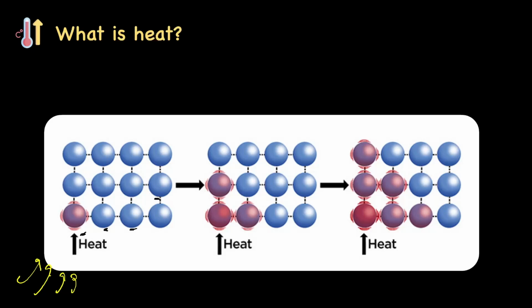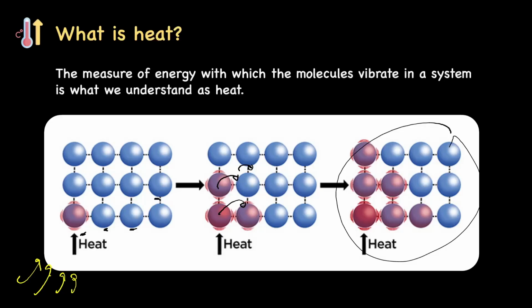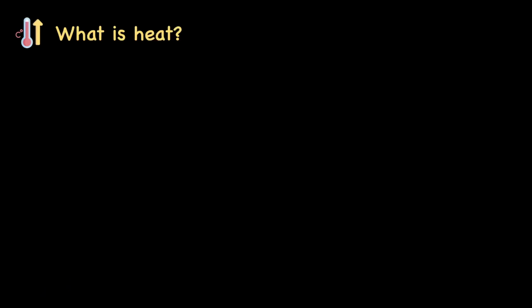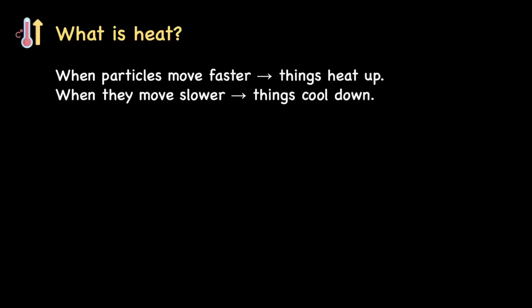And when these vibrations increase, they pass on the vibrations, or the vibrations get transferred from one part to another. And the measure of energy with which these molecules or particles vibrate within the system is what we understand as heat. Now, simply put, when particles move faster, things are heating up. But when they move slower, it means that it's cooling down.